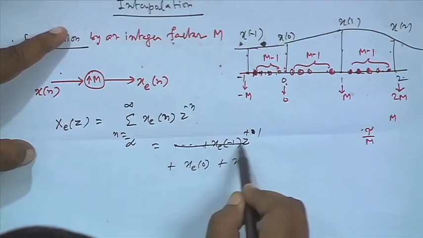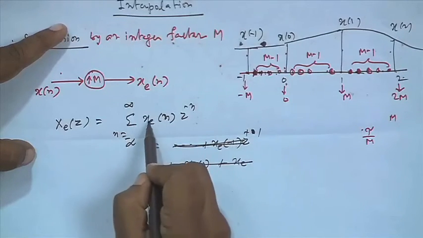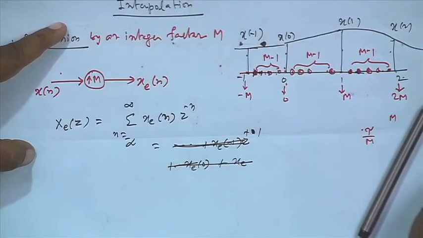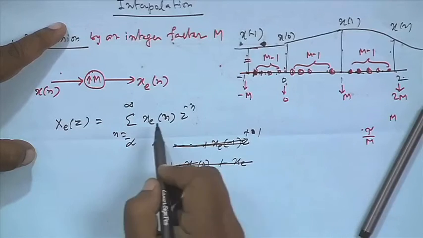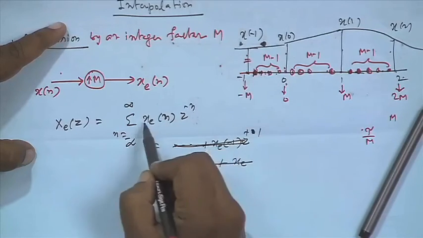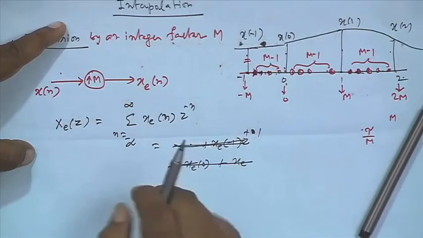If you carry out this summation, we will have the x e 0 term. Then x e 1 is 0, x e 2 is 0, x e 3 is 0. Those terms I ignore because they do not contribute anything.